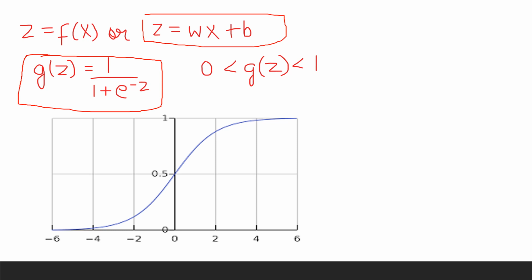This is the intersection on the y-axis, so we put z equals 0, since this is z and this is g of z.